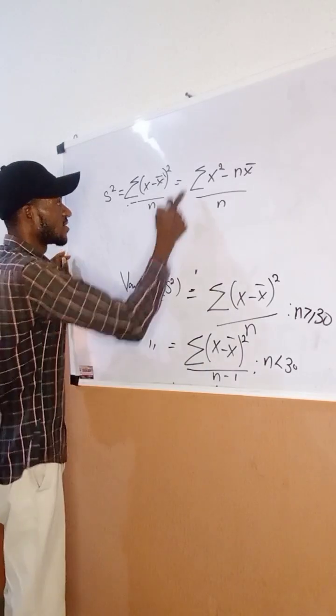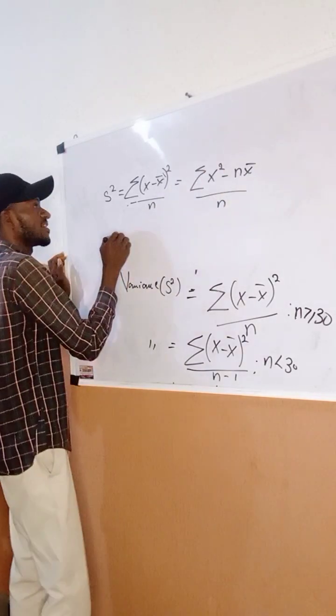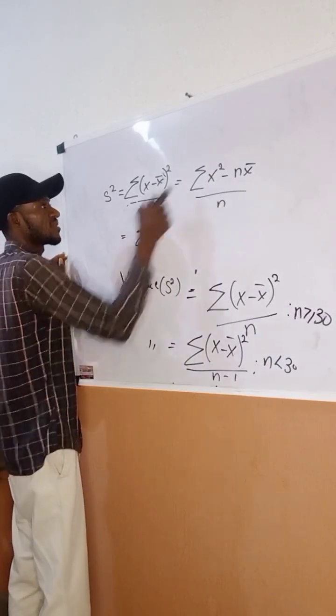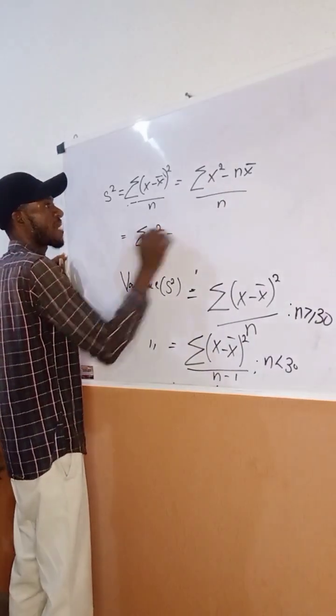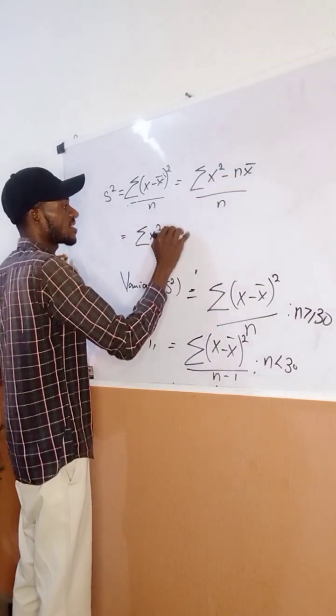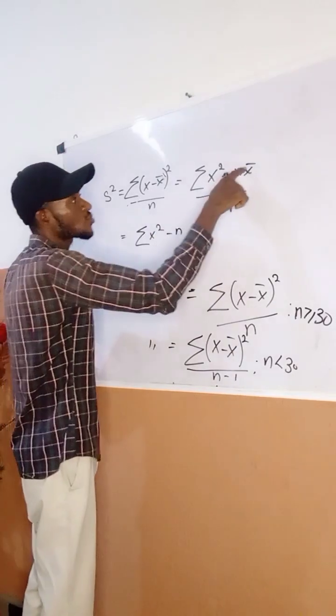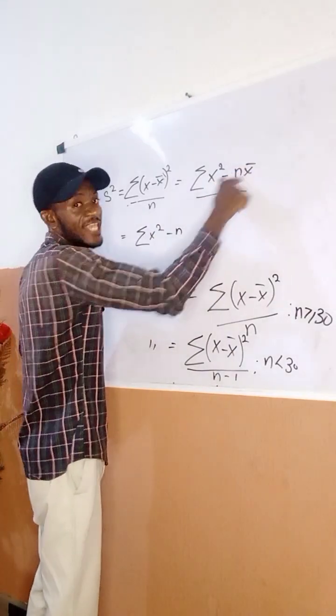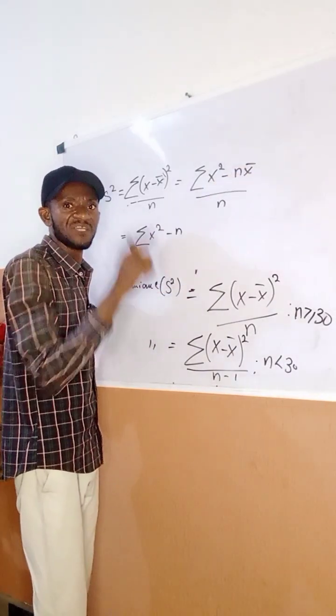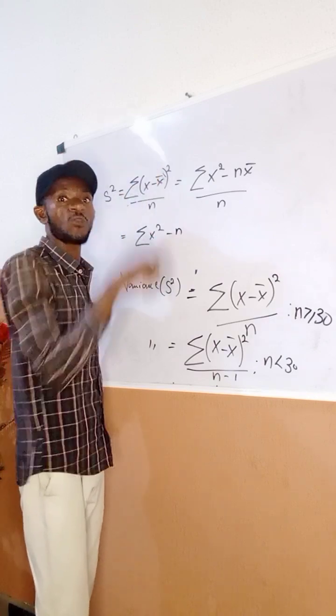Now we go ahead. I want to express this one further. This becomes summation of x squared minus n times x bar squared. And of course we know that this x bar is the mean, and mean means summation of x all over n.